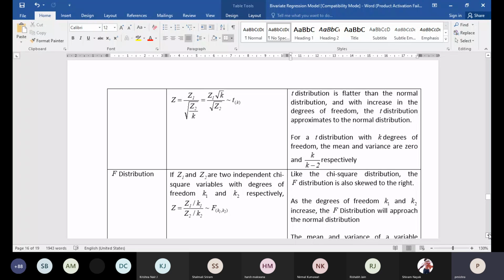I'll prove in the class that for bivariate model, there is no difference in statistical significance of the overall model and statistical significance of the slope coefficient, that is beta.